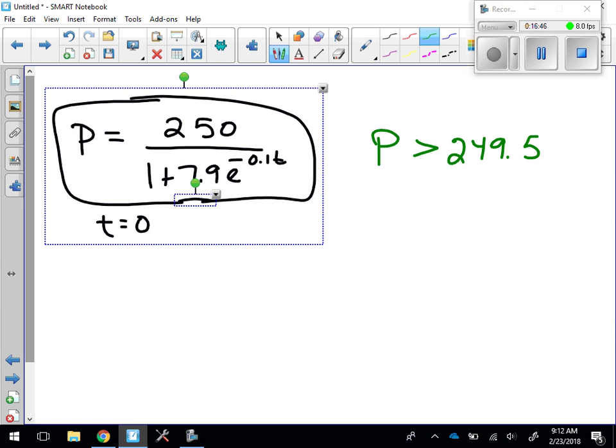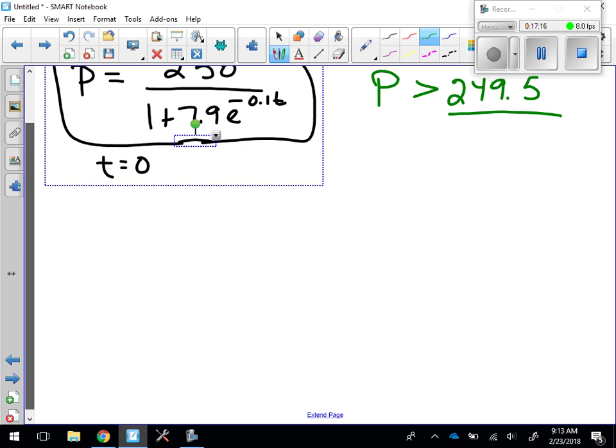So if I do this whole equation using P as 249.5, you could use 249.9, it doesn't matter. As long as you use something bigger than this so that it rounds to 250, we can play with the math and come up with a time. It's a way to solve the problem because it's a real world problem.